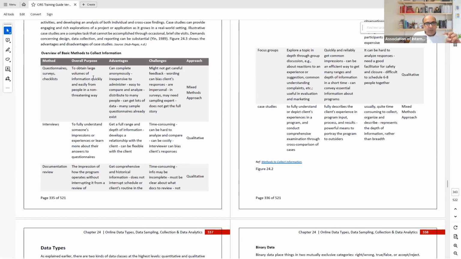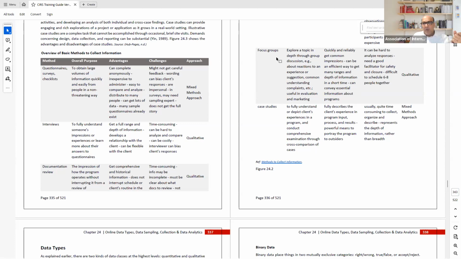So if it is a questionnaire survey, the approach can be mixed method because in your surveys there could be different types of questions. If it is interviews, mostly it will be a qualitative approach. Mostly, I'm not saying that it is etched in stone, but interviews normally end up with qualitative questionnaires, and therefore will collect qualitative data. Documentation reviews, qualitative data, usually.